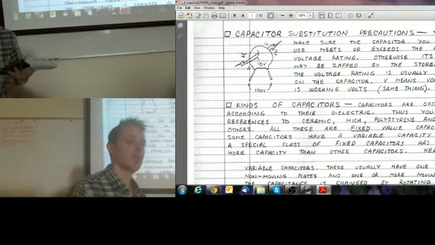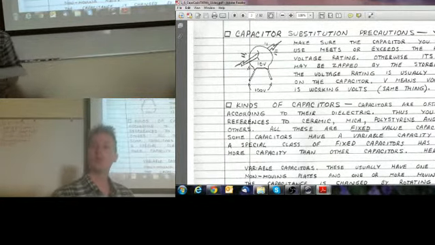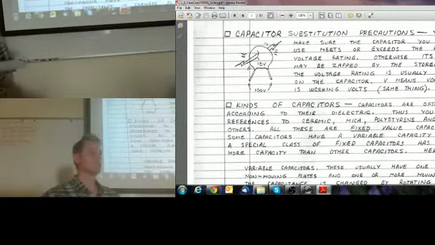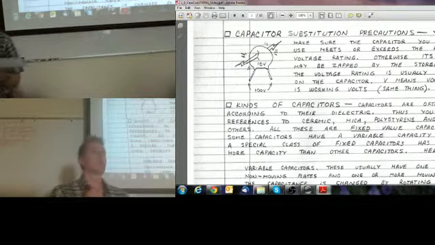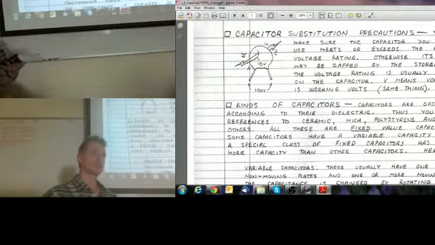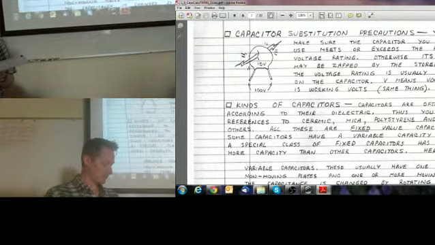So usually we have a safety factor of about 2. And if we had a 5 volt digital circuit, the minimum size capacitor we would use would be a 10 volt capacitor, not 5. Okay, that's our safety factor.